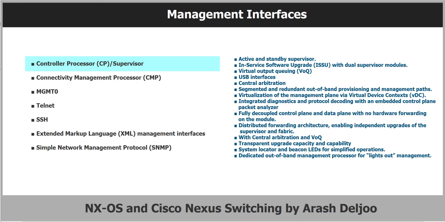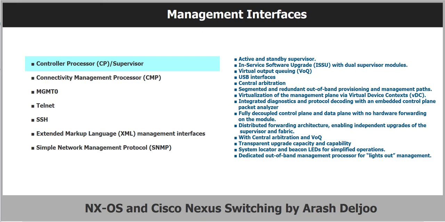The fully distributed forwarding architecture enables the supervisor to support transparent upgrade to higher forwarding capacity capable I/O and fabric modules. Two supervisors are required for a fully redundant system, with one supervisor module running as the active device and the other in hot standby mode, providing exceptional high availability features in data center class products.